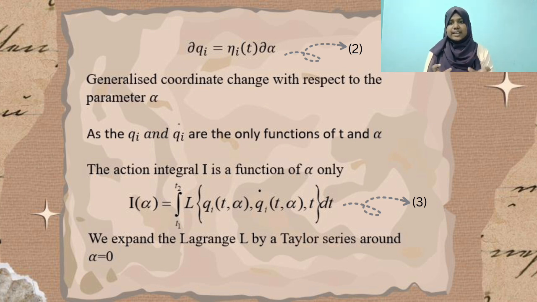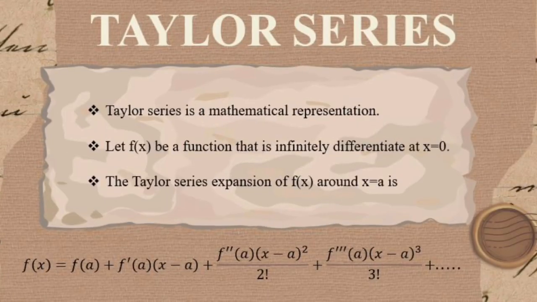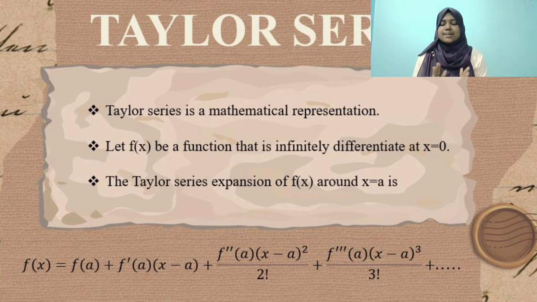We expand the Lagrangian L alone by a Taylor series around alpha is equal to 0. So what is a Taylor series? A Taylor series is a mathematical representation of a function as an infinite sum of terms that are expressed in terms of values of the function's derivatives at a single point.